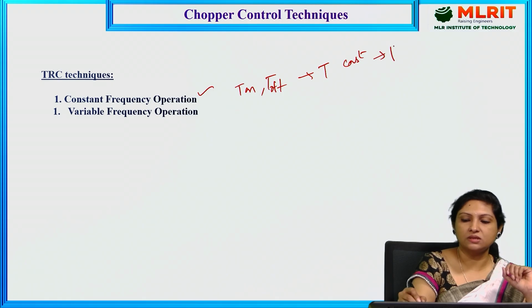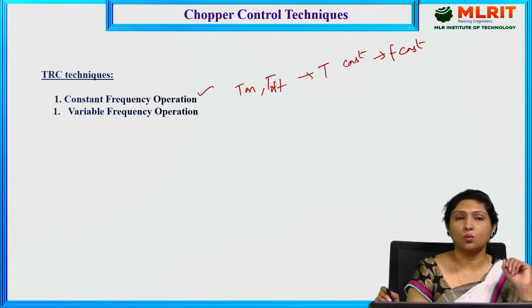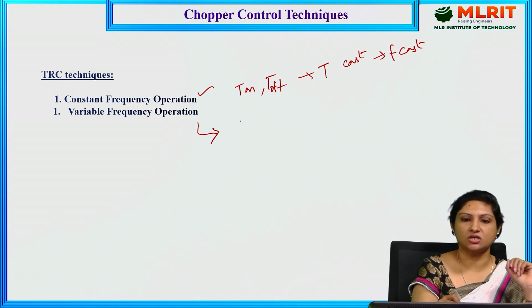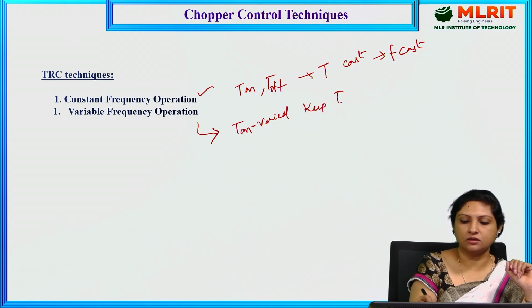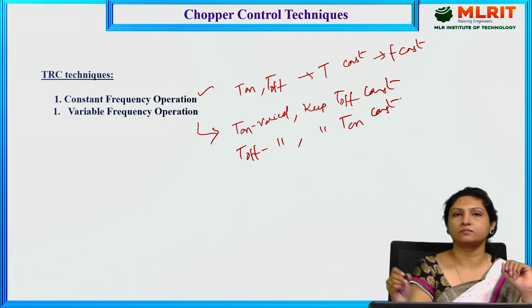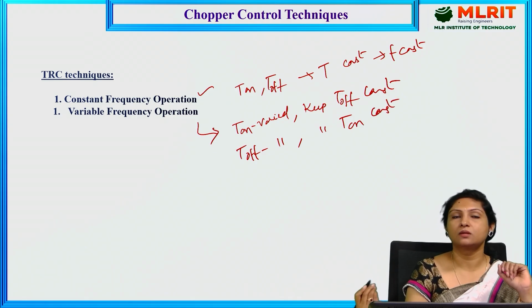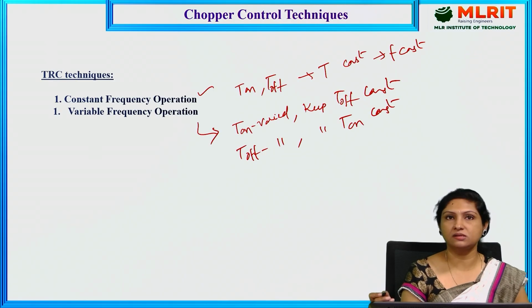That means the frequency remains constant. Whereas in variable frequency operation, either T on is varied keeping T off constant, or otherwise T off is varied keeping T on constant. This is how we obtain variable frequency operation. These are the chopper control techniques which we have.